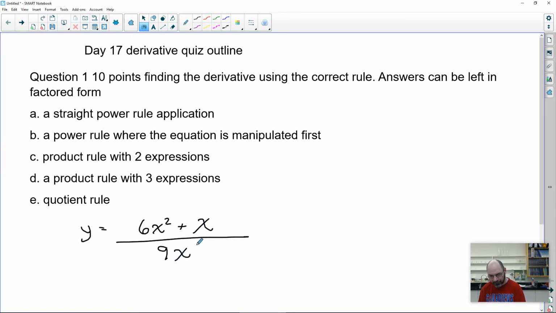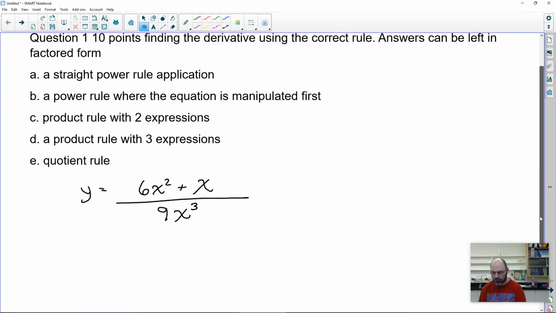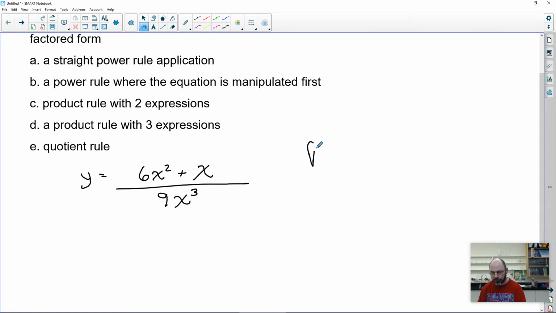9x cubed. Okay, so if you're doing the quotient rule, we know the quotient rule is f g prime minus f prime g, obviously, over g squared. There we go.